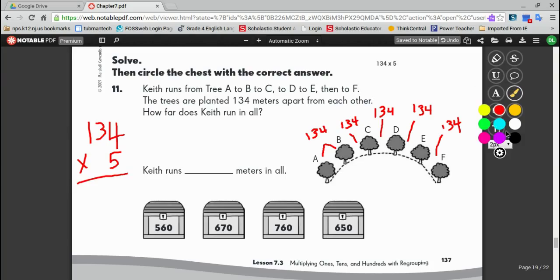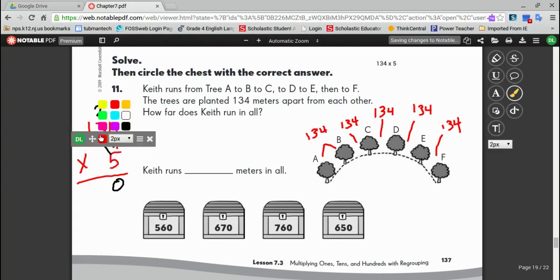Okay, let's use black. 4 times 5, well, 5, 10, 15, 20, so we know it's 20. Put the 0 in the 1s, put the 2 in the 10s. 3 tens times 5, 3 times 5, 5, 10, 15, plus the 2 more 10s on top, so 15, 16, 17 tens, 7 in the 10s, and regroup 1 in the hundreds.